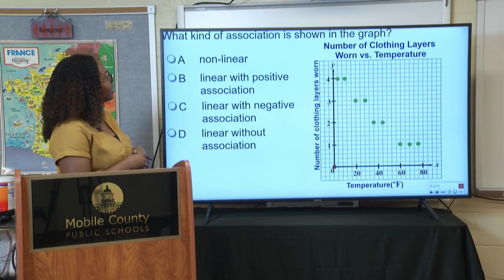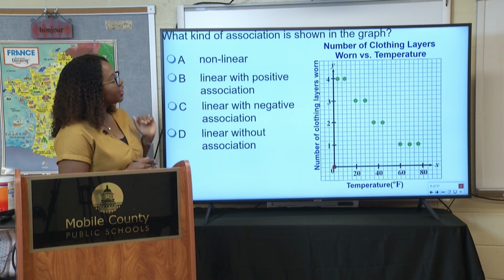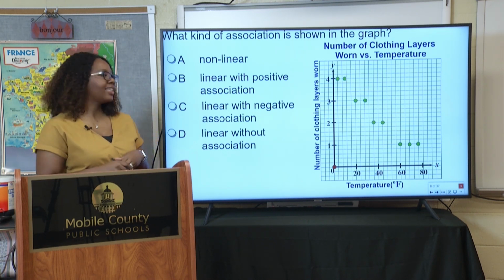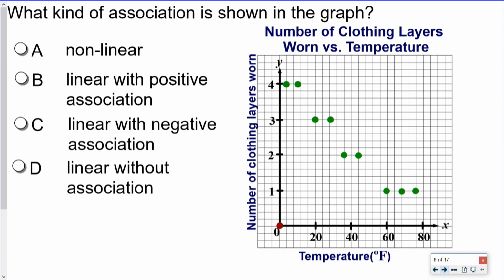Let's take a look at another example. What kind of association is shown in this graph? Is it A, nonlinear, B, linear with a positive association, C, linear with negative association, or D, linear without association?